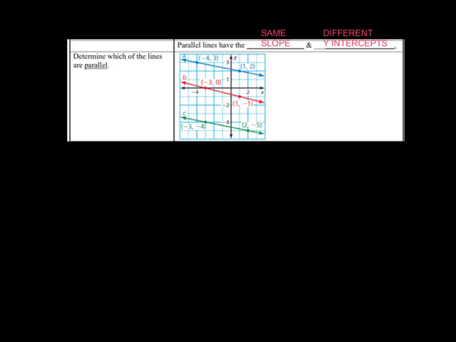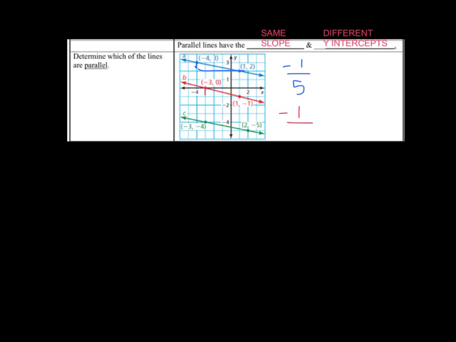So notice that all these lines slope down, so I know the slopes are going to be negative. So for line A, if you start on the first point, you fall 1, so that'd be -1, and then you run all the way over to there. That is, if I'm counting, 1, 2, 3, 4, 5. So that gives me a slope of -1/5 for line A. For line B, you fall 1, so we still have that -1 on top.